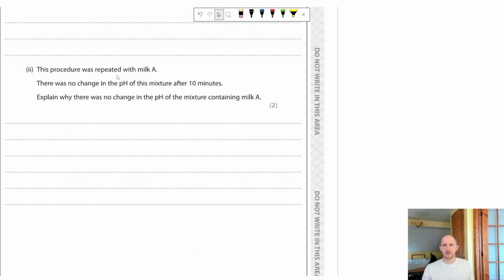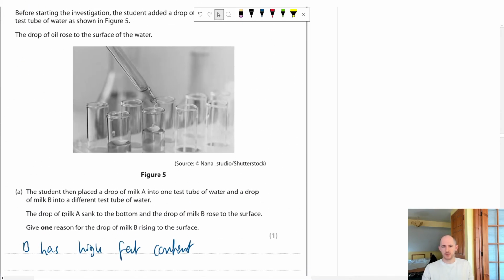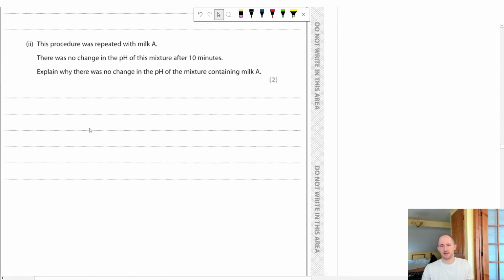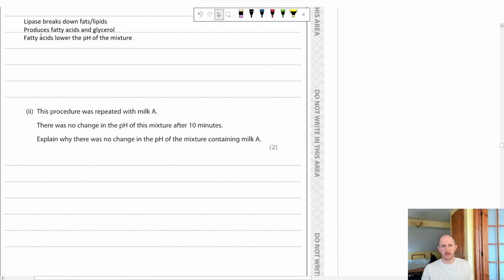This procedure was repeated with milk A. There was no change in the pH. Why? Well, if we go back to question 1, part A, sorry, B has a high fat content, hence it floated. But if you notice, milk A sank to the bottom, which means it has little to no fats inside of it. Which means there's no fats for lipase to break down, right?